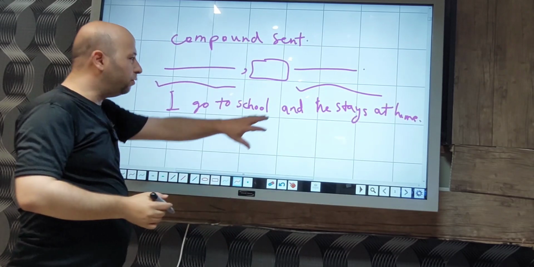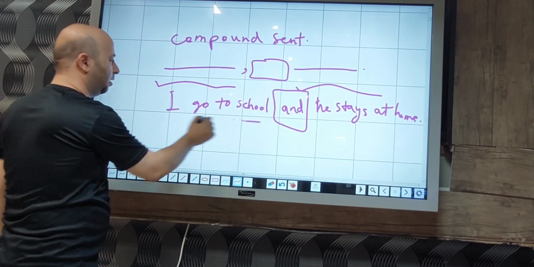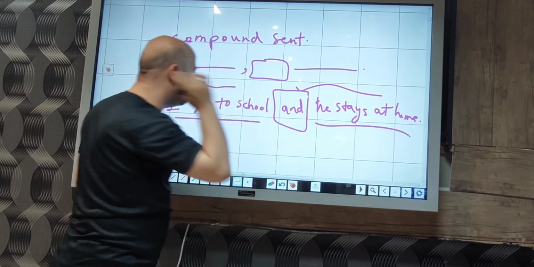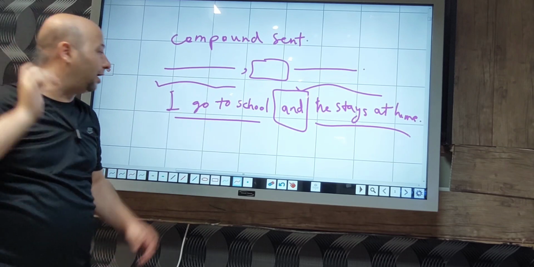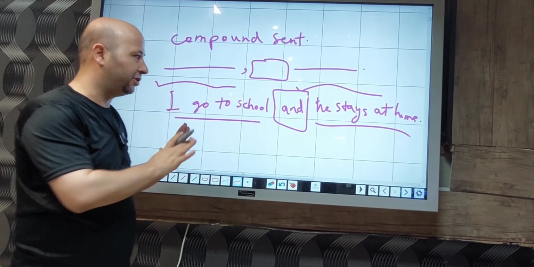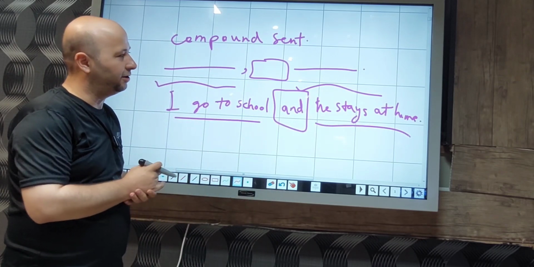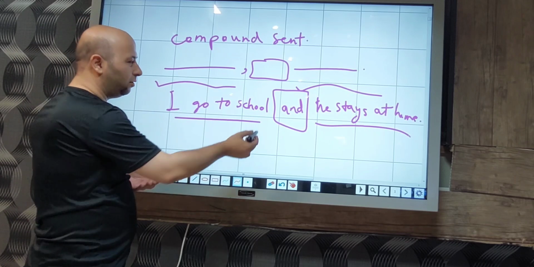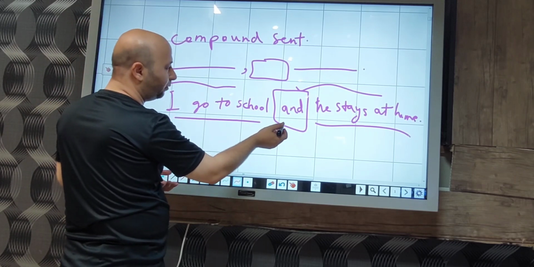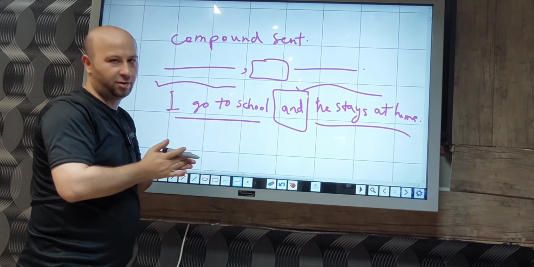So, if we remove this part and this part, what do you get? Two sentences with independent meaning. I go to school: one sentence, it has its own meaning, it's complete. And he stays at home: again a complete sentence. But here we add another word in between. Okay, so this whole sentence is compound.